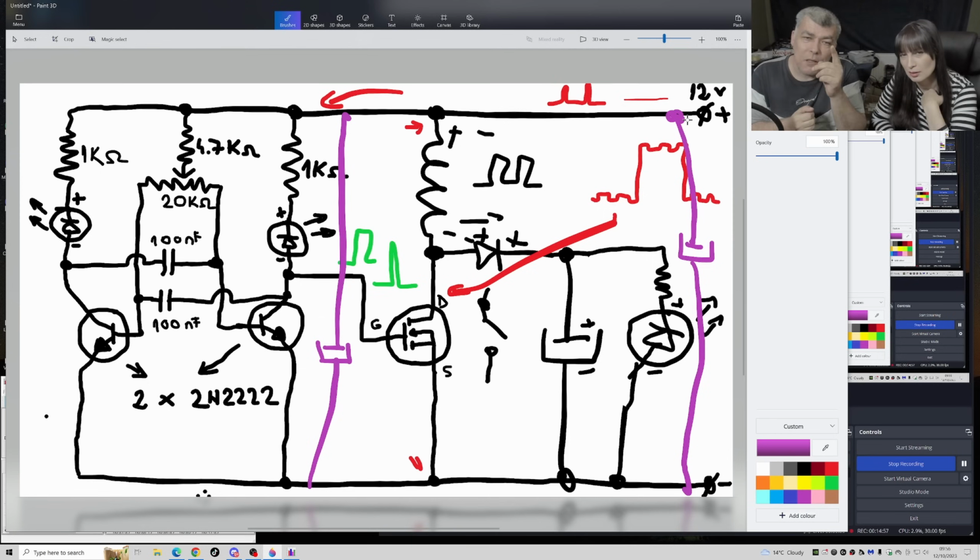The coil, exactly. You have the MOSFET and the coil. The high current circuit is actually here. So this is the circuit of the high current.